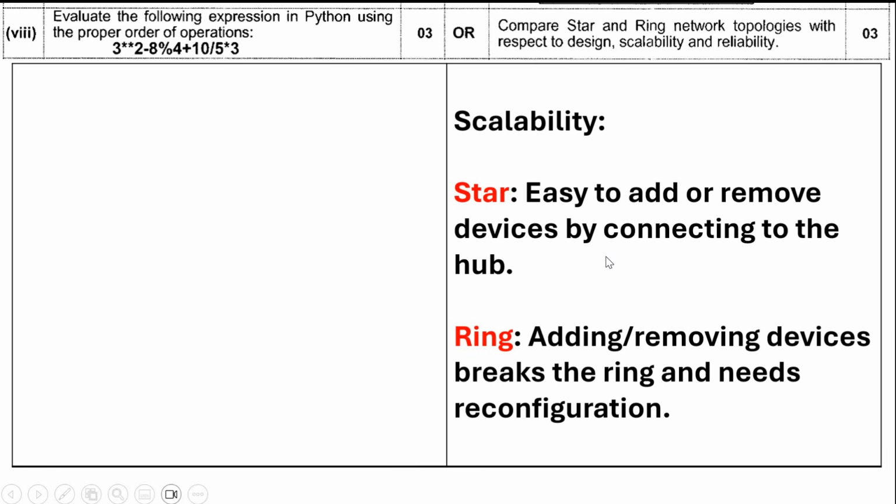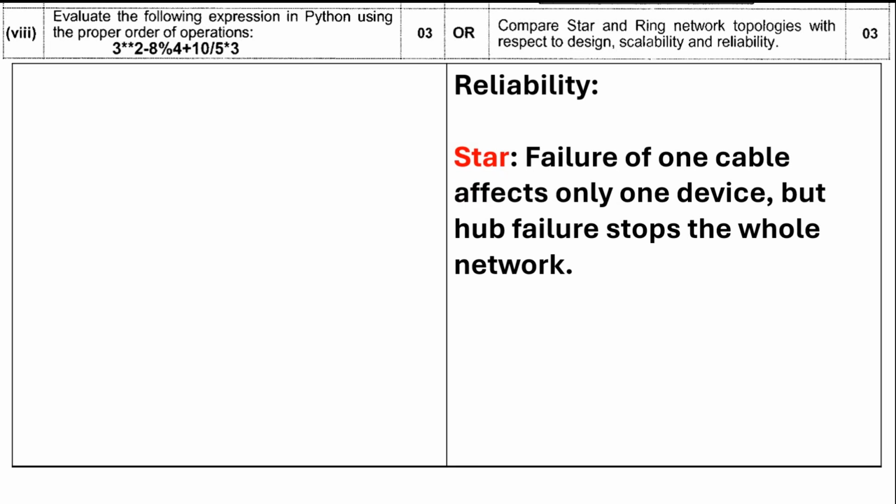While in ring topology, adding or removing devices breaks the ring and needs reconfiguration, because it's closed, just like a ring shape. Once you want to add a new node, you have to first disconnect that configuration, and again reconfigure all the devices in the form of a ring topology.